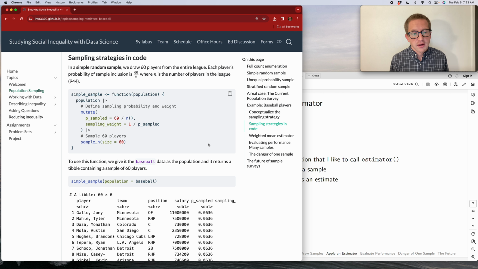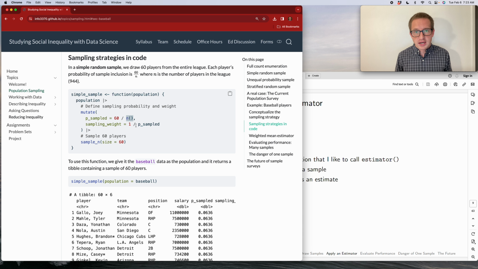Okay, so here I've written a function that draws a simple random sample. We begin with a population. This is going to be our data set of all the baseball players. We take that population and we pass it down to a mutate function. This step is going to be a little complicated in each example. Here I'm creating the probability of sampling. We're going to draw 60 people divided by the total number in the population.